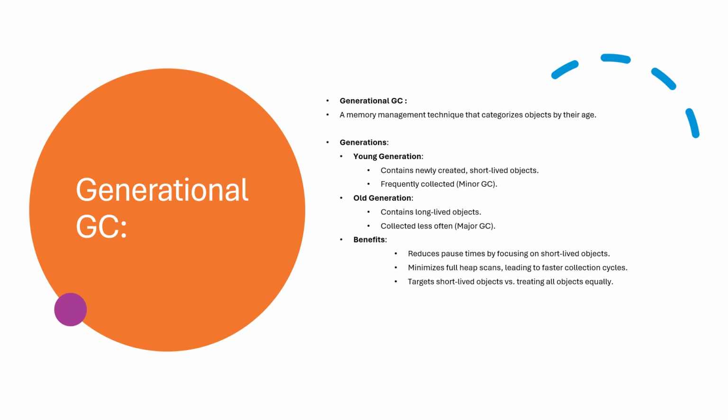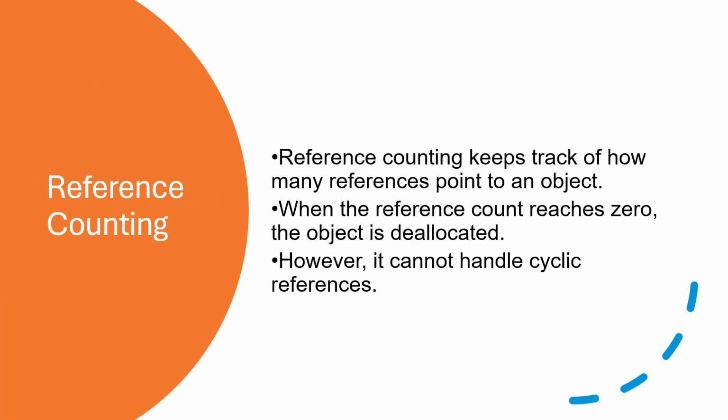We have 3 generations. Generation young is where we previously talked about reference counting, which is an effective way to monitor how many references point to an object. When this count drops to 0, the object can be deallocated. However, as we discussed earlier, reference counting has difficulties handling objects that reference each other, leading to reference cycles.